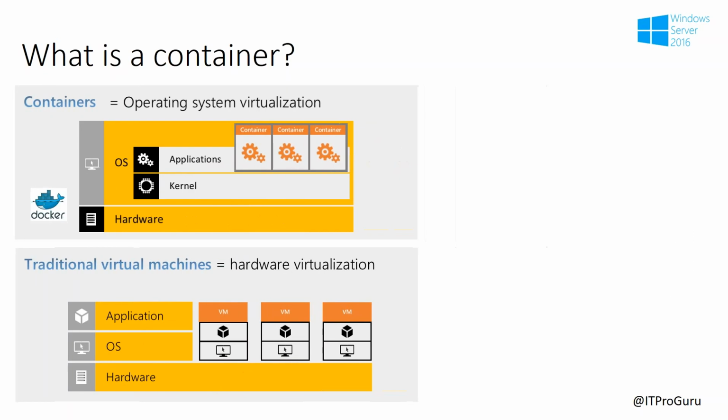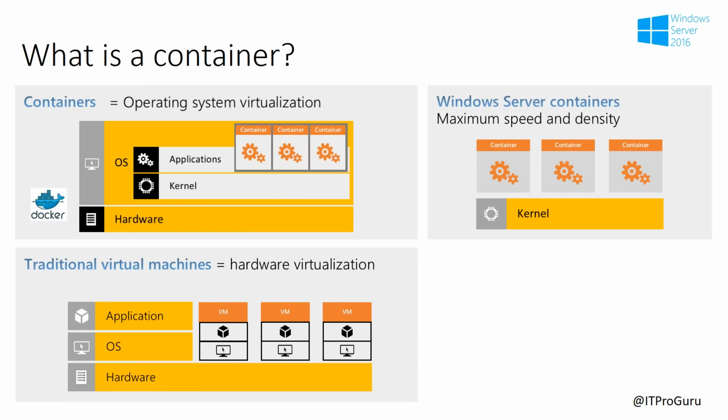Within the Microsoft stack, there are a couple different ways to run containers. One is the Windows Server container, which gives you the capability of maximizing speed and density. So you still have a shared kernel, but your application is running in isolation. So you have isolation between them.